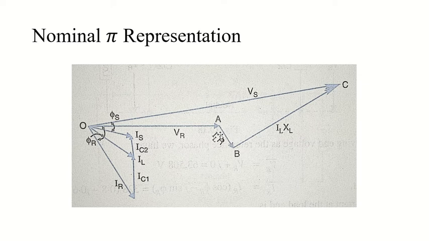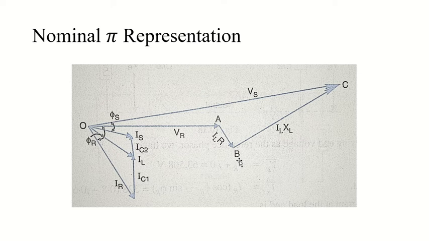RIL will be in the same phase as IL, because it is the drop of that current and it is a resistive element, so there will be no phase difference. After that, when we draw the reactance element, we will have ILXL, which will be 90 degrees phase shifted.